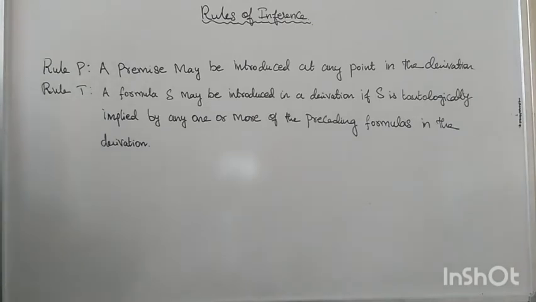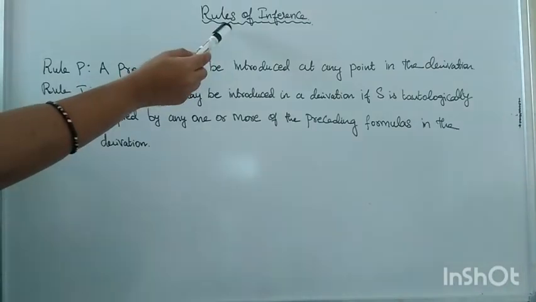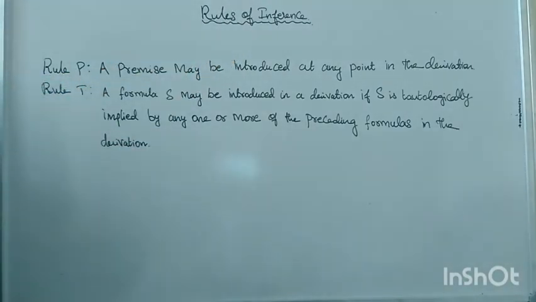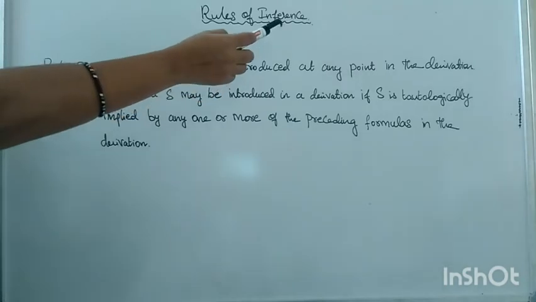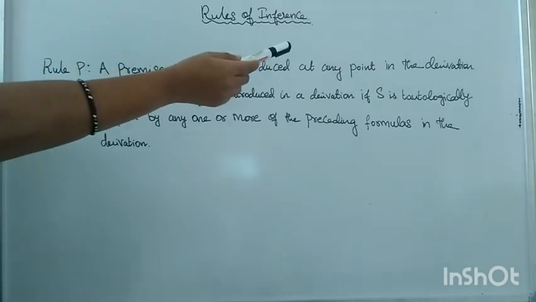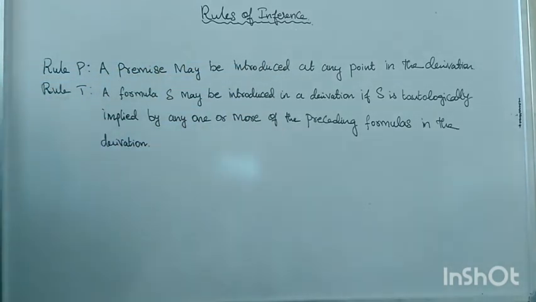Hi to everyone. In this video, we are going to discuss rules of inference. Actually, the term inference itself reveals that we are going to trace some conclusions based on some strong evidence.